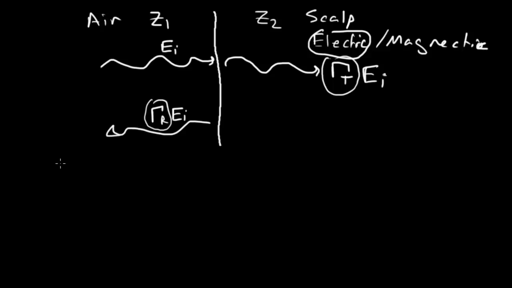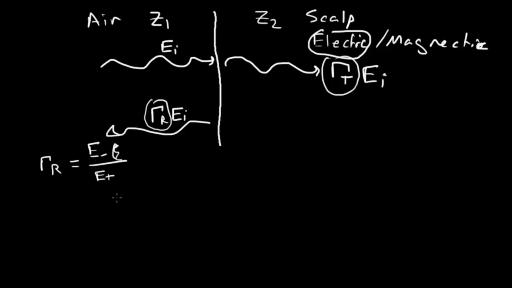The reflection coefficient, I'll write that first over here: gamma sub R equals the minus-going electromagnetic wave at that boundary over the plus-going electromagnetic wave, EI. You just do the math, that's what it is.